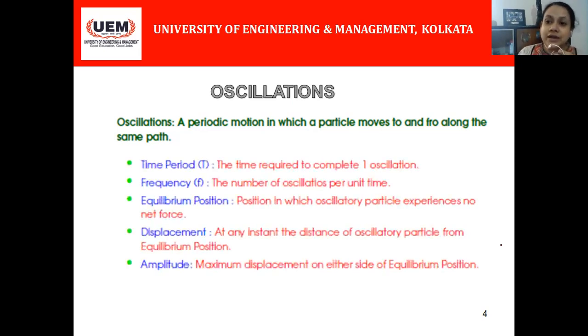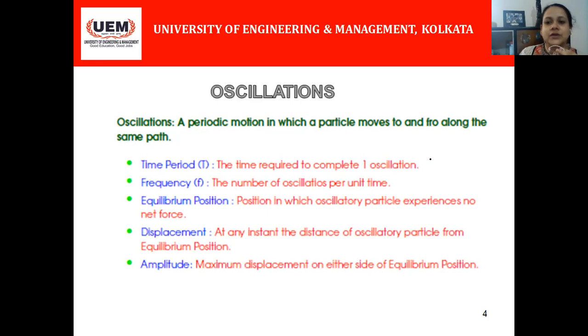Now, various features associated with oscillatory motion. First is the time period, which as I have mentioned already, is the time required to complete one oscillatory motion, or the time after which the oscillatory motion repeats itself.